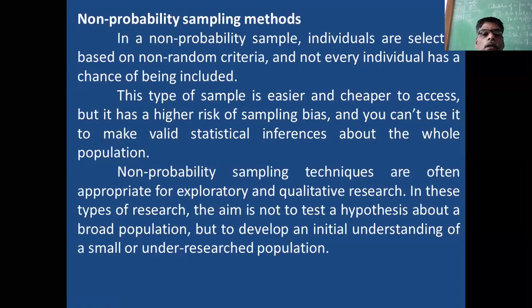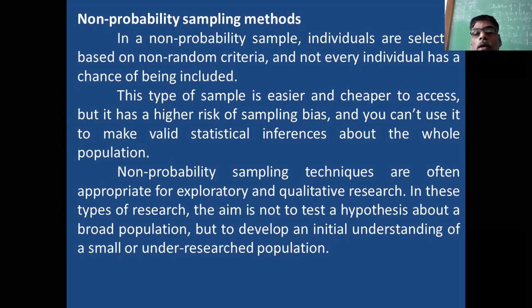Non-random sampling techniques are often appropriate for explanatory and qualitative research. This is useful only where explanatory research is there and qualitative research is there, and research is based on so many areas.